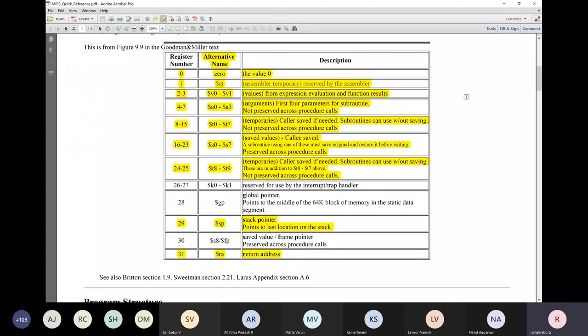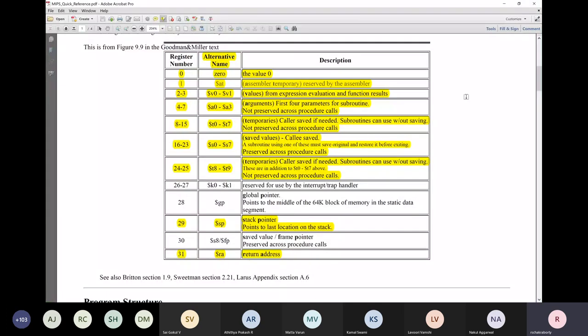Now there are some registers preserved across procedure calls and some not preserved across procedure calls. These things are mentioned. Don't bother about it right now. When we study procedures and functions, we will discuss what preserved and not preserved mean. Then there are registers $t0 to $t7. These are called temporary registers.